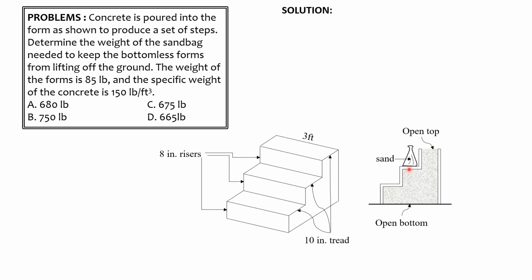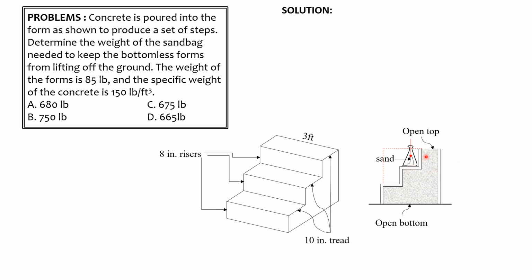And to draw the free body diagram, we have the weight of the sandbag, unknown. This is, by the way, from the ends of the contact curve or point, we draw horizontal lines up to the imaginary concrete surface. So this is the end. And this is the volume to be considered in computing that upward force which causes this form to collapse if there is no sandbag positioned in this portion here.